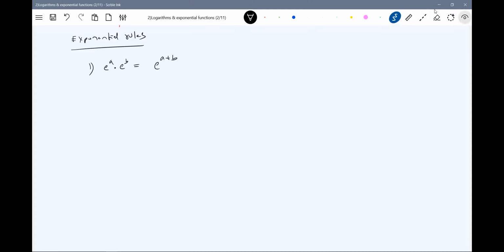The product is converted into sum. That's all simple. e is called the exponent. The value of e is 2.7 and a will be some power. So e to power of a into e to power of b can be written as e to power of a plus b. There's a product, no? And it is converted into sum.